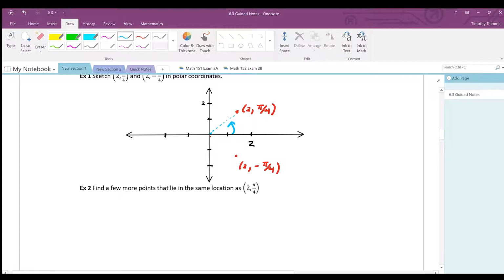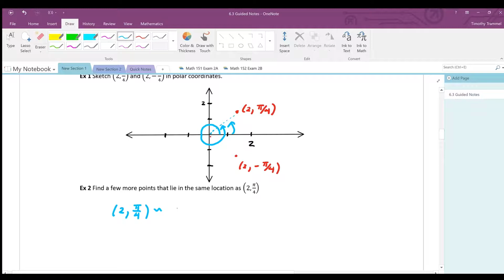We rotated pi over 4 degrees to get there. But we also could have done a full extra revolution and still ended up here. So another point here would be, let me write it here, 2 comma pi over 4. What else is it equivalent to?